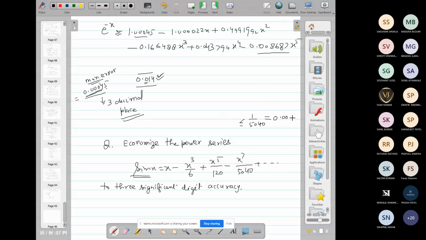So we obtain the value only correct up to 2 decimal place. Actually, if we consider only 3 terms in this series, then we are not able to obtain the value of sin x correct up to 3 decimal place. We obtain value correct up to 2 decimal place only. So we need to consider this term also.